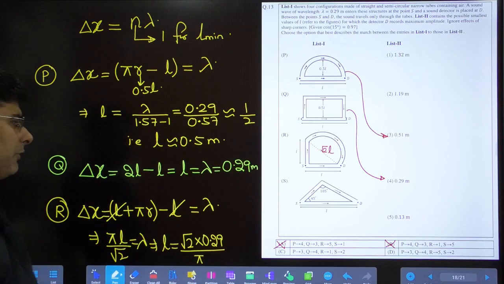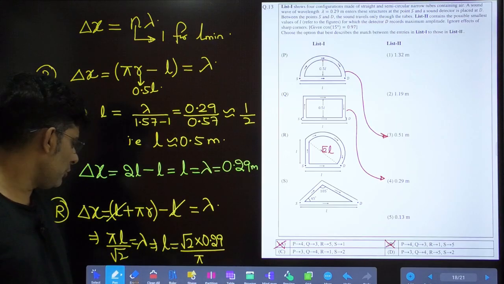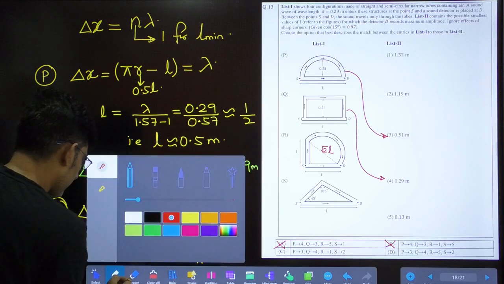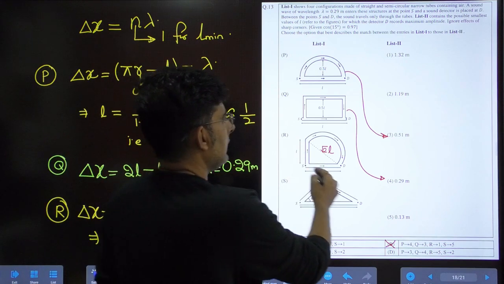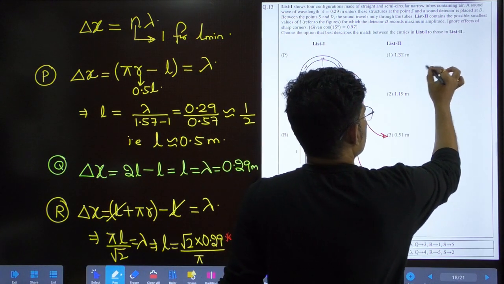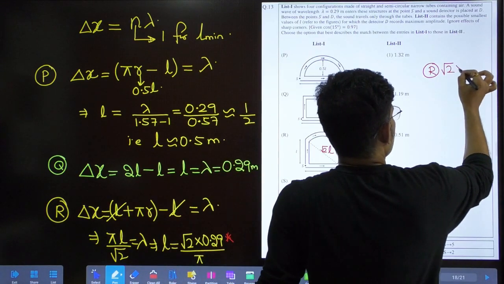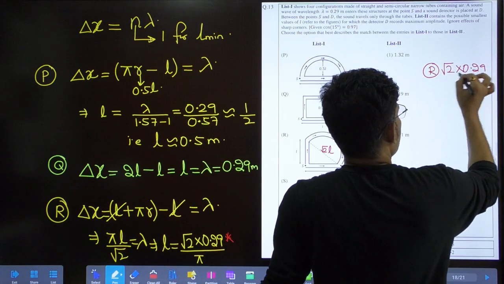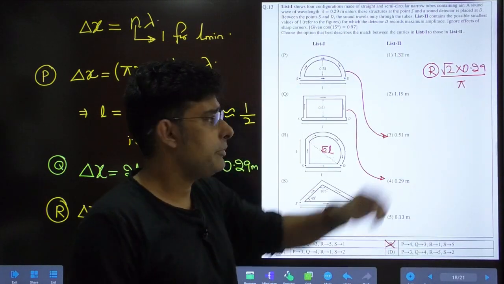Now here also, if I want to go by the calculation, what approximations can we take?